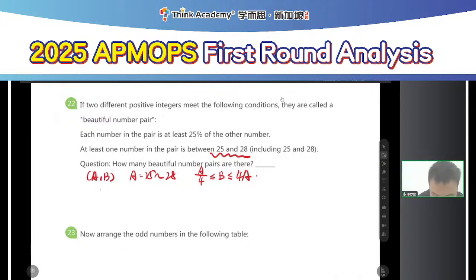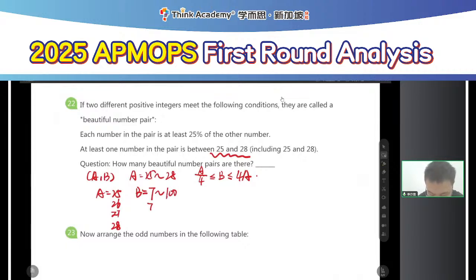Generally, we can have the value for A equal to 25, 26, 27, 28. So there are 4 numbers here, right? For 25, B then equals, starting from 7, right? The smallest value for B is 7, and what is the largest? 100.